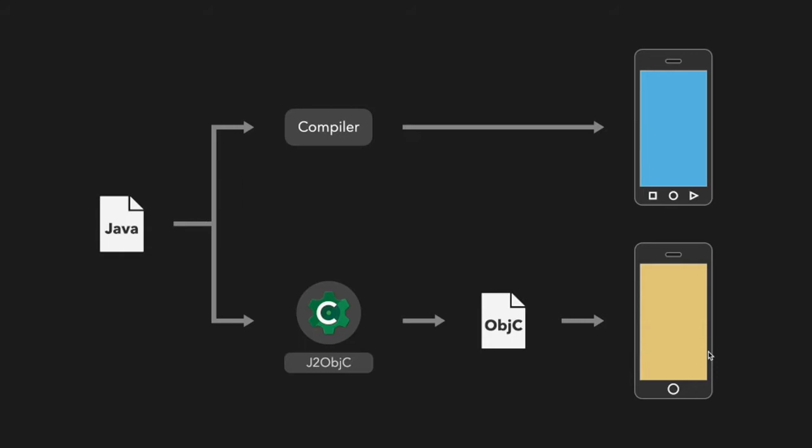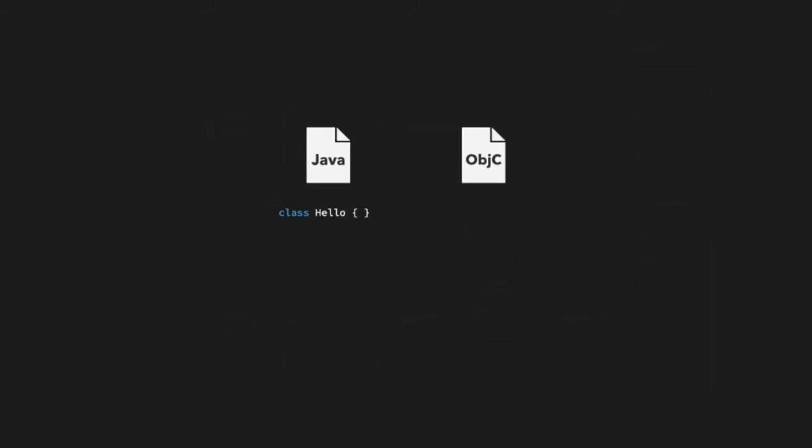So how does this stand in terms of dependency? Well, we no longer depend on it for the Android code, but we still somewhat depend on it for iOS. To see why, we have to look at the Objective-C code that J2Objective-C generates. Let's take an example.